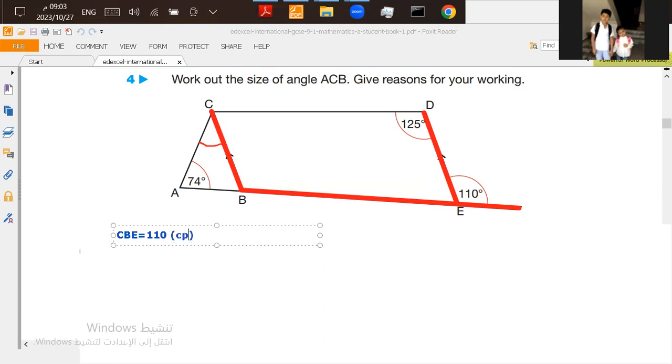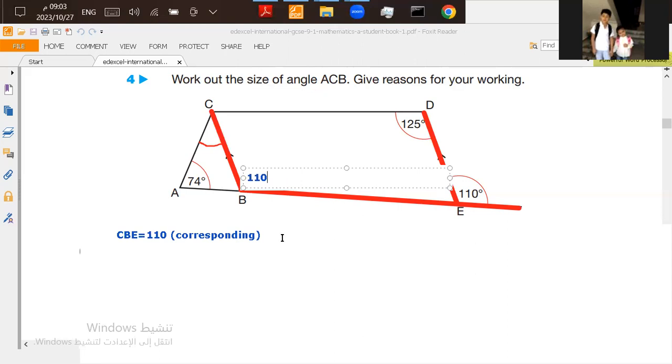So these are corresponding angles. So CBE equals 110 because it's corresponding. Now this one is 110 as we found just now because it's corresponding with 110.